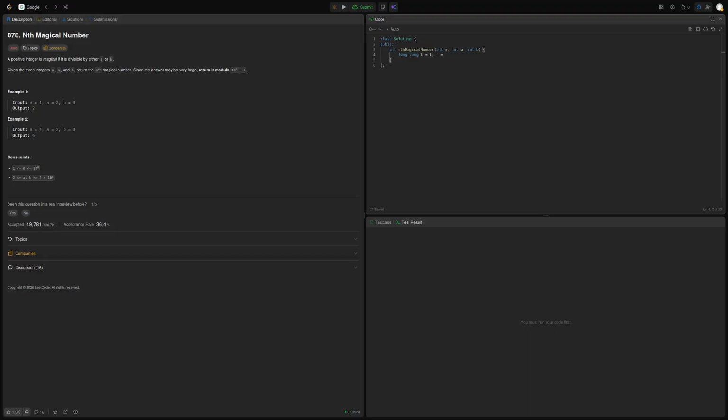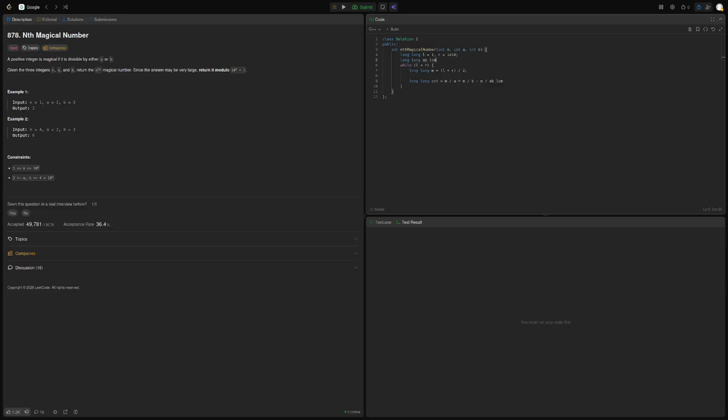So L is 1, R is, I don't know, 1e18, while L under R, mid is this, and now count is M divided by A plus M divided by B minus M divided by LCM.